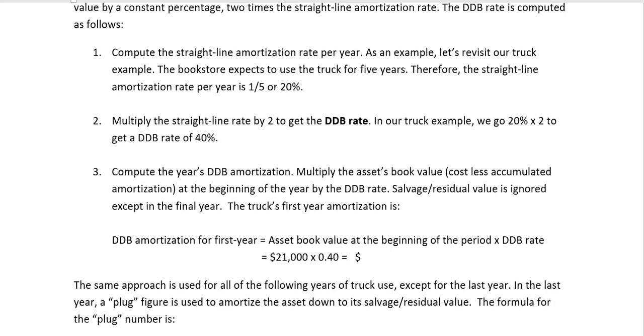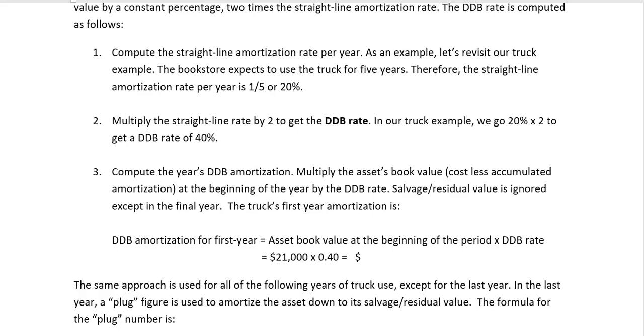Compute the year DDB amortization. Multiply the asset book value, cost less accumulated amortization at the beginning of the year, by the DDB rate. The salvage or residual value is ignored, except in the final year. So, just to pause here for a second.